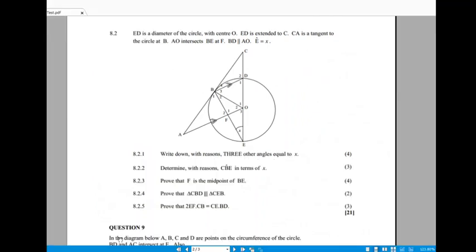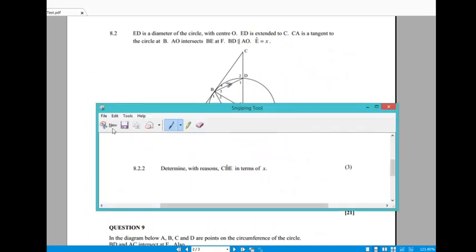And then if I have DBE as 90, it means CBE will be 90 plus B4, which is x. So CBE will be equal to 90 plus x. And easy 3 marks there. Okay. And then we go to 8.2.3. It seems like many of you found this one difficult.